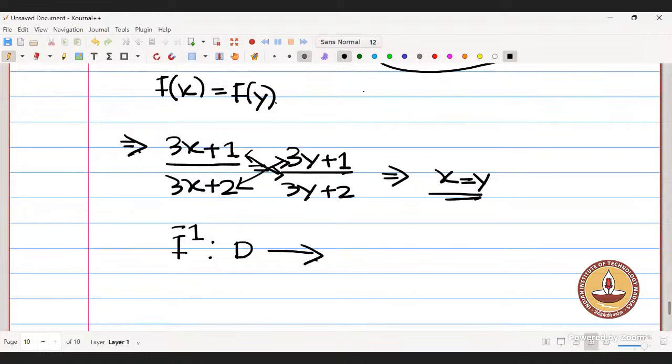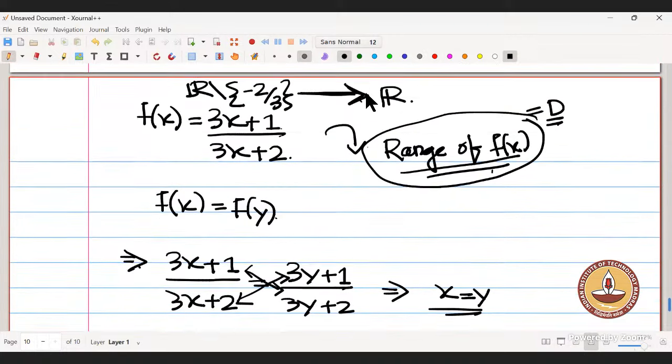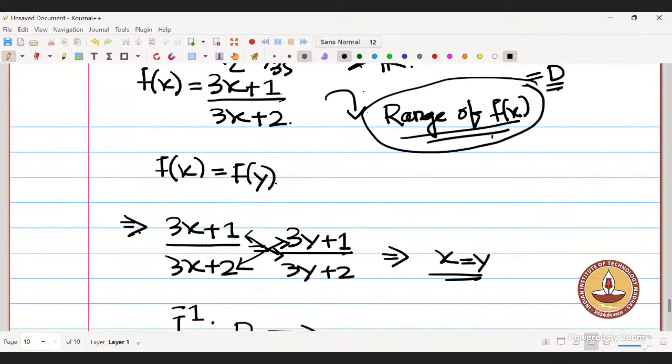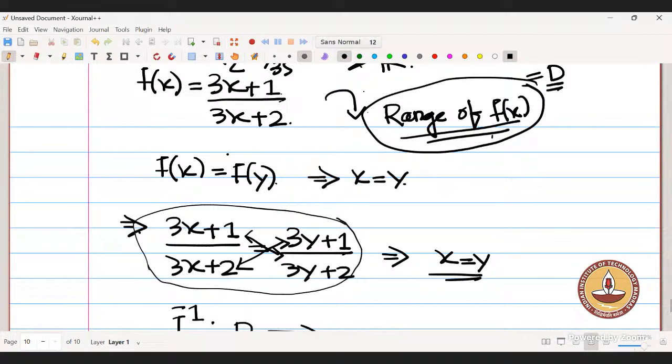Excuse me, sir. How did we decide this is 1-1? I didn't get that part. What I am trying to prove is, if f of x equals f of y, then x equals y, right? From f of x equal to f of y you get this, and now simplify.